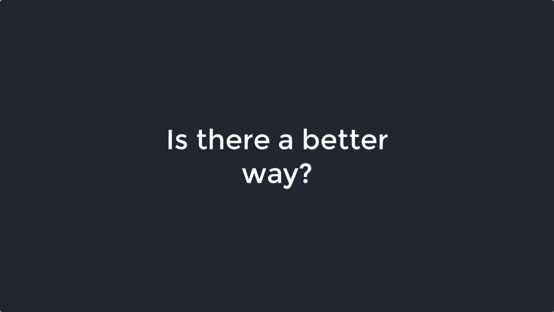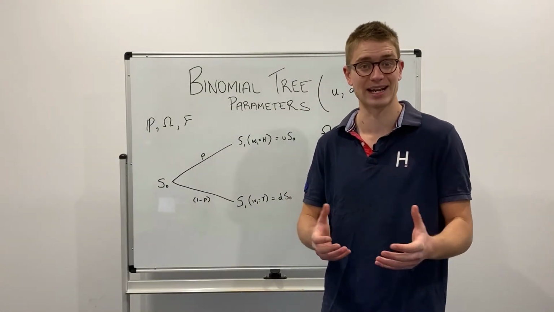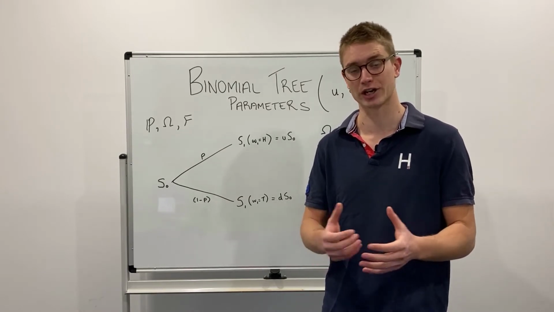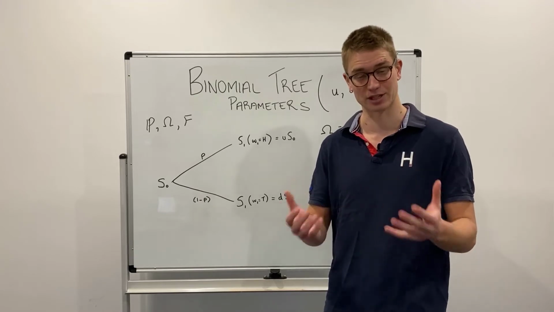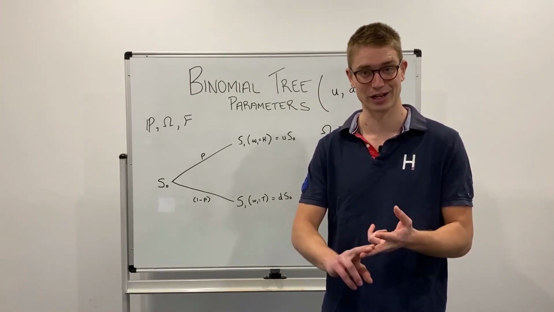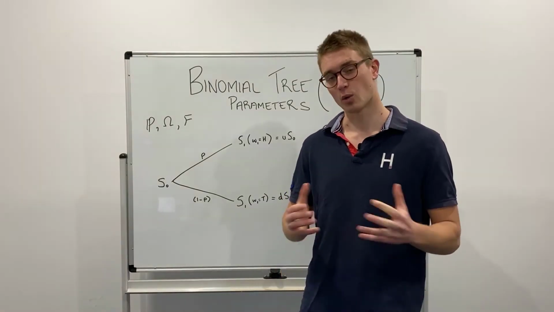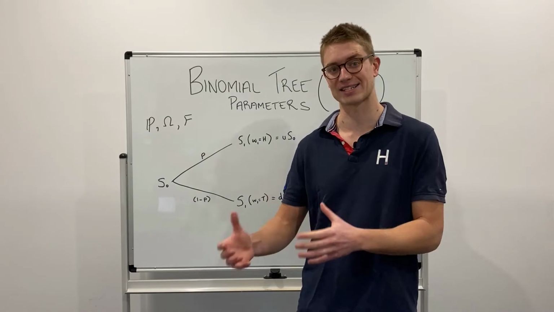One of the ways that we can get around this is using the underlying as the geometric Brownian motion and approximating that, because the natural logarithm of the GBM actually has a constant mean and variance, so it's normally distributed. So we're going to turn this tree into the natural logarithm of asset prices.